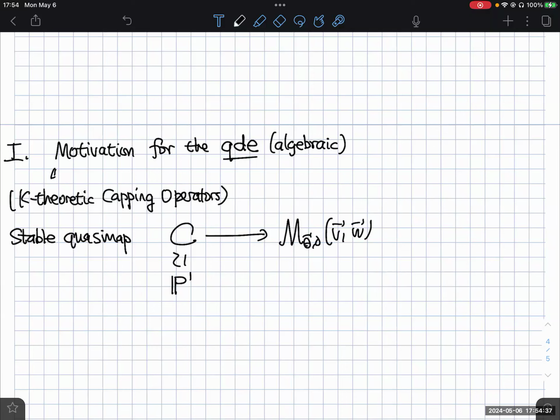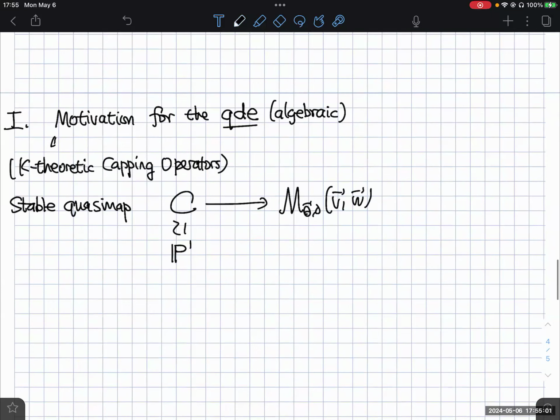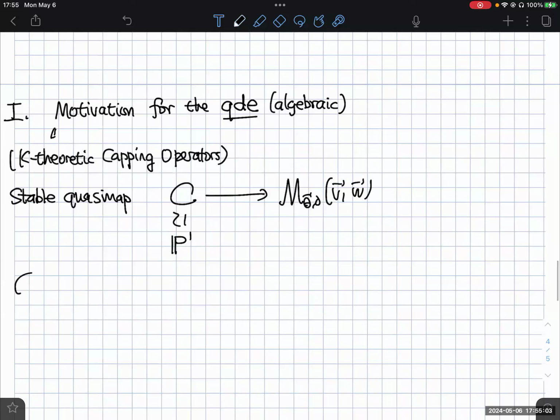The meaning of a quasimap from C to these Nakajima quiver varieties is that it first maps into the generic quotient, and then most of the points from C go into the stable points, which are in the quiver varieties we mentioned before. So we consider this kind of space.